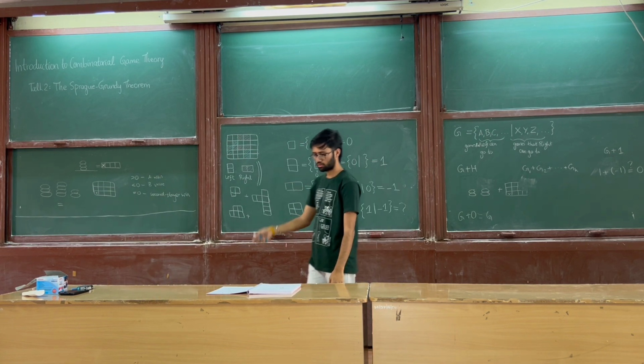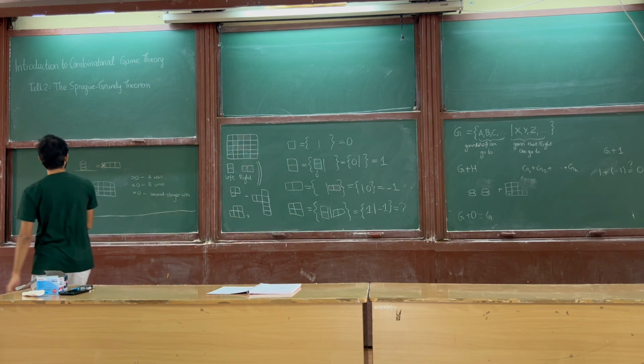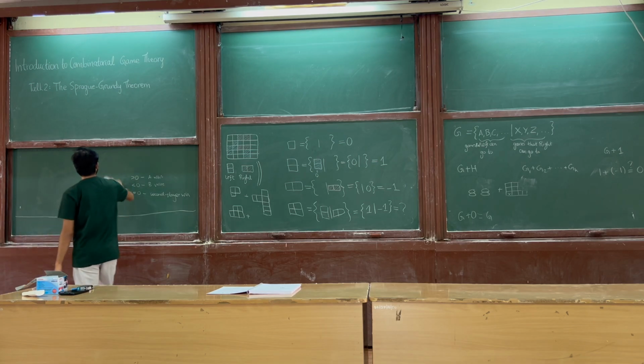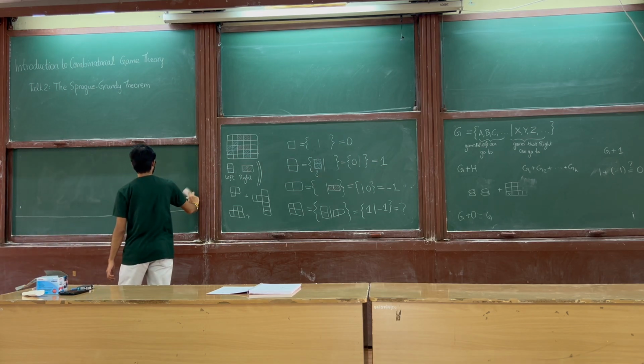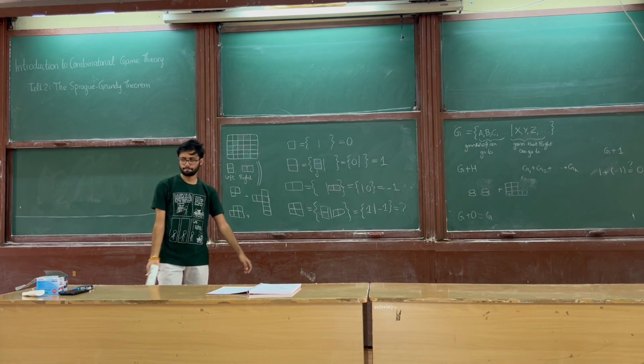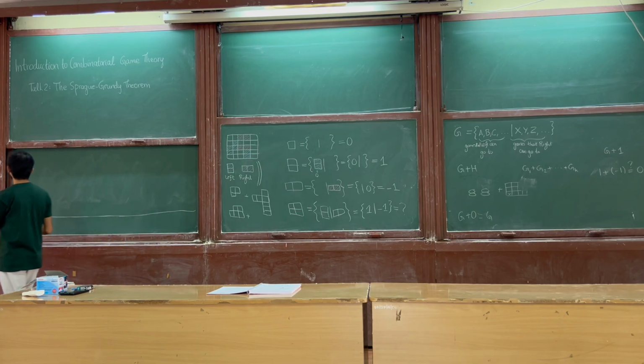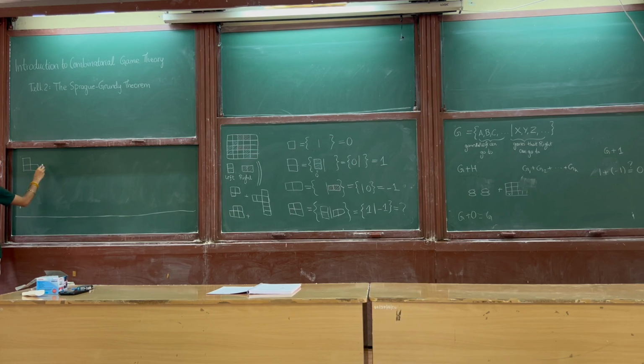So let's see. Let me erase this. So let's say I have a non-rectangular grid like this. Then again, left has only one move, that is to go here, and that leaves 0.